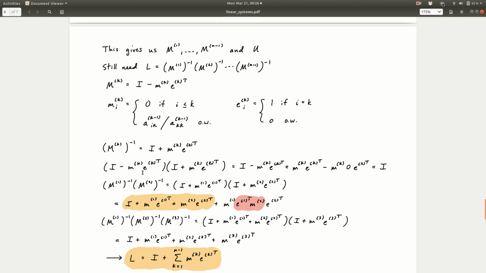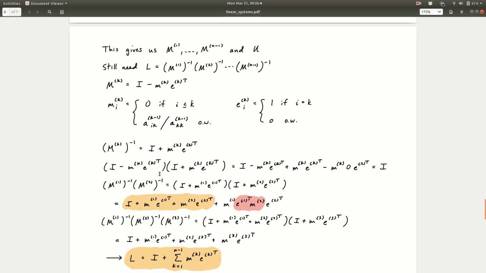And you'll see the inner part is an inner product. It's ek transpose times mk, which is the dot product of these two vectors. Since this is the unit basis, the dot product just pulls out the kth entry of this vector, which is 0. So the dot product here is 0, which means that this whole term is 0. And this cancels with this. Therefore, you get the identity matrix. So that proves that this is the inverse of this.